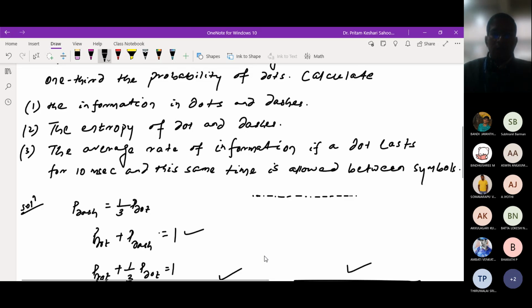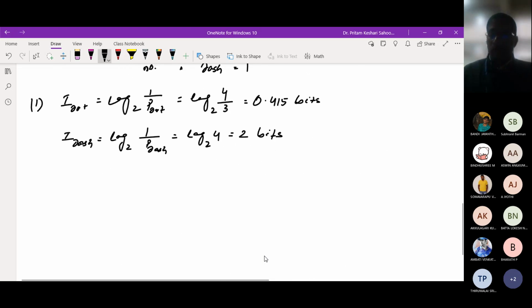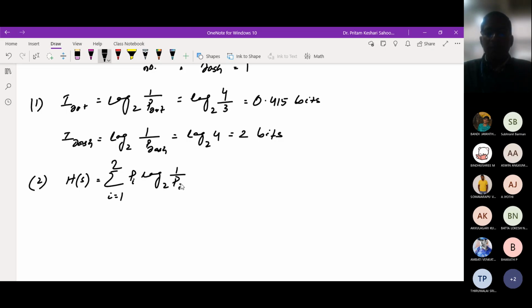For the second part, we find the entropy of dot and dash. You have to calculate the entropy. So what is entropy? Entropy is H or H of S. We write it as the summation of i equals 1 to 2 of P(i) log base 2 of 1 by P(i). I am taking 2 because your code consists of 2 different symbols, one is dot, another is dash. So that equals 3 by 4 log base 2 of 4 by 3 plus 1 by 4 log base 2 of 4.